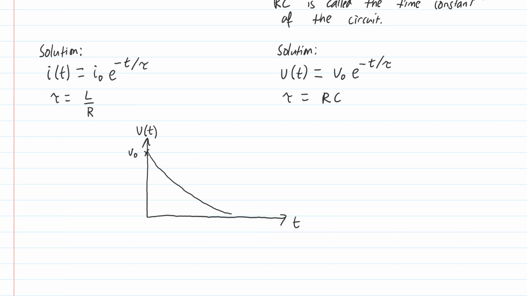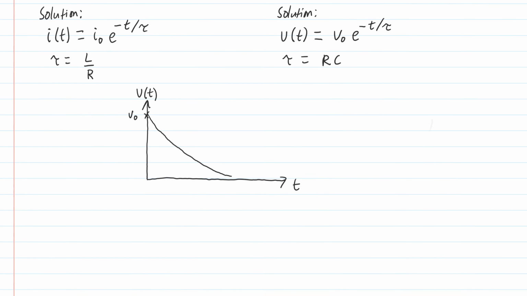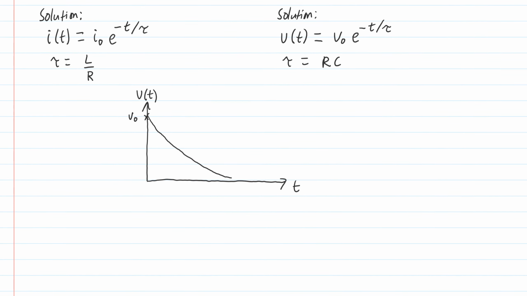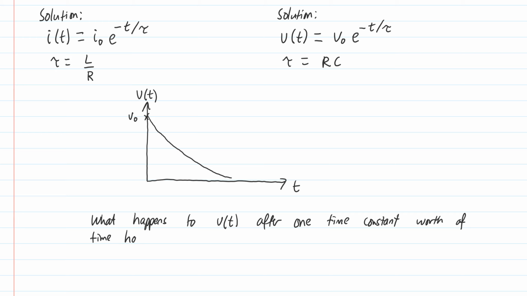So let's ask, what happens to V of t after one time constant's worth of time has elapsed?